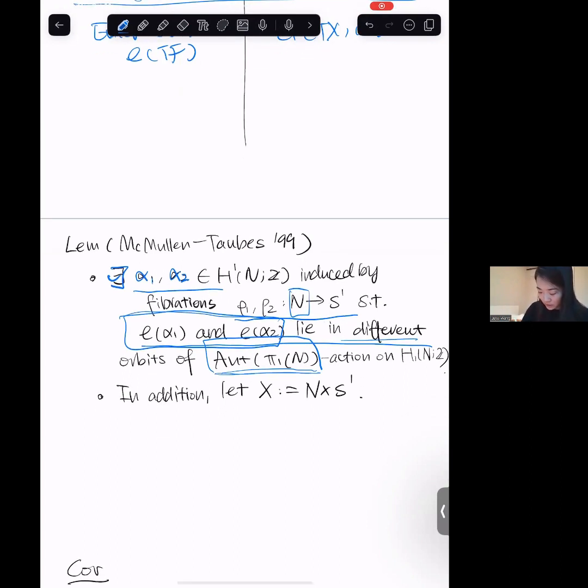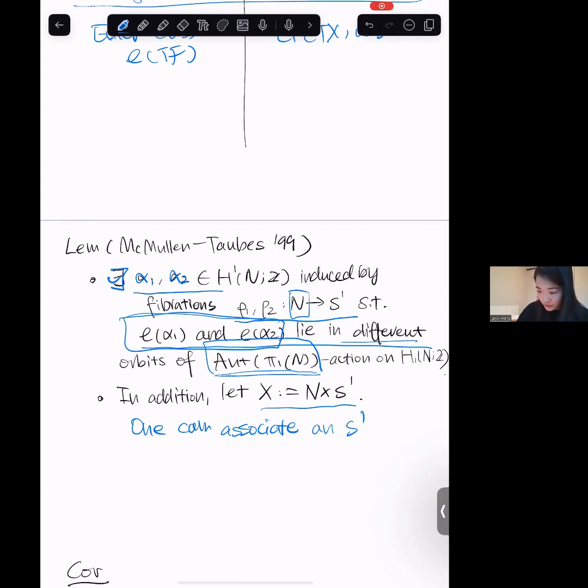And then they further show that if you consider this 4-manifold, one can associate an S1-invariant symplectic form omega to each alpha in H1 of N, represented by the differential of a fibration.